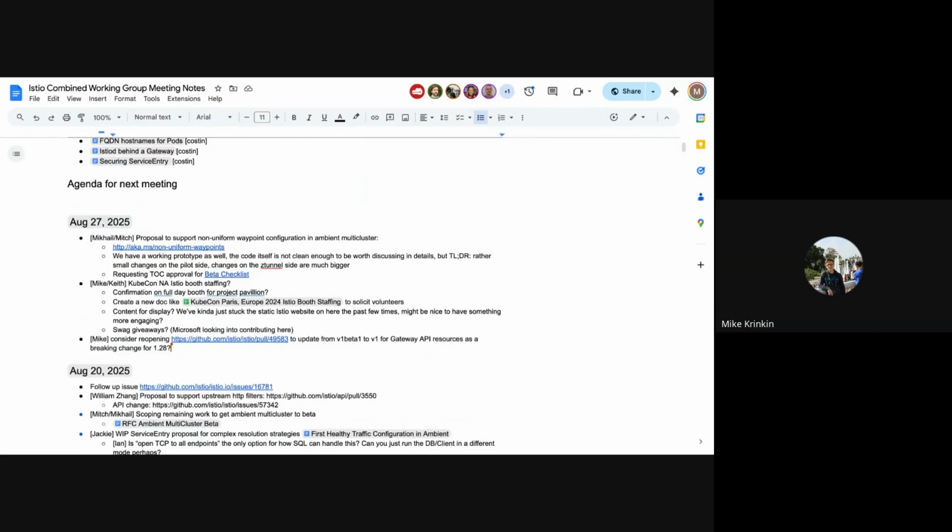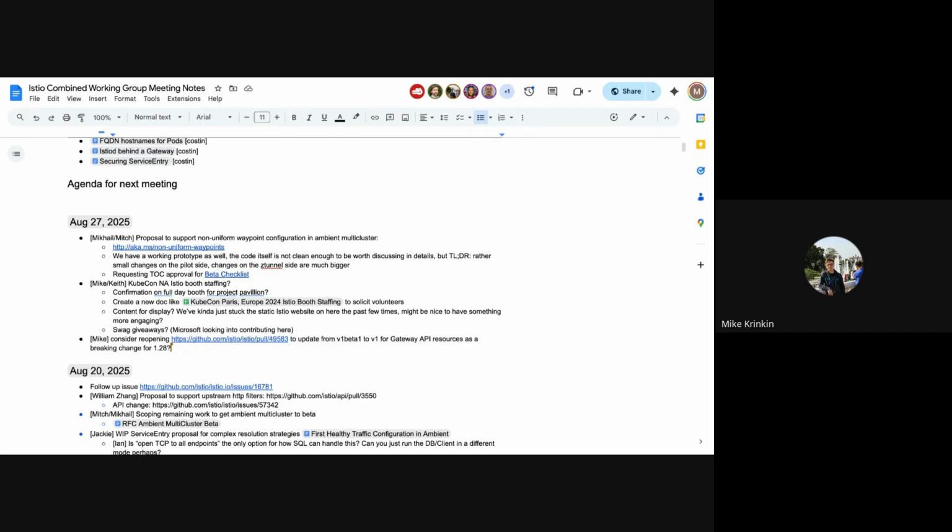Yeah. So it's part of the ambient multi-cluster work. For the alpha version in ambient multi-cluster, we agreed that we will only support a uniform setup, like services and their waypoints in all the clusters will be configured the same way. And now we want to lift that restriction.